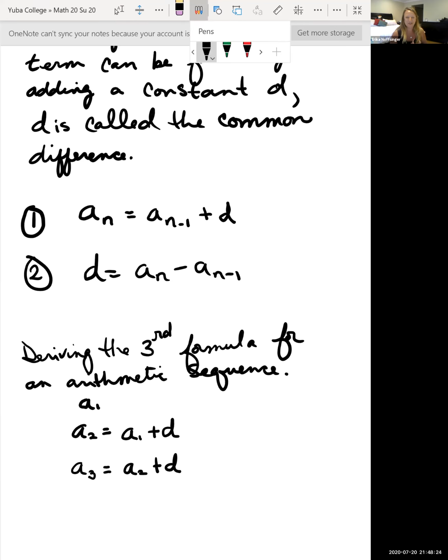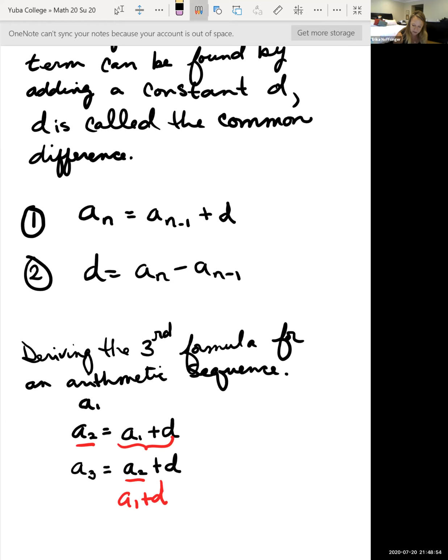We're going to try to rewrite this form of an arithmetic sequence in terms of the first term a sub 1 and d. So let's go back in and I am going to use substitution. We know what a sub 2 is from up here. I'm going to substitute what a sub 2 is in terms of a sub 1 and d. And a sub 2 is a sub 1 plus d.